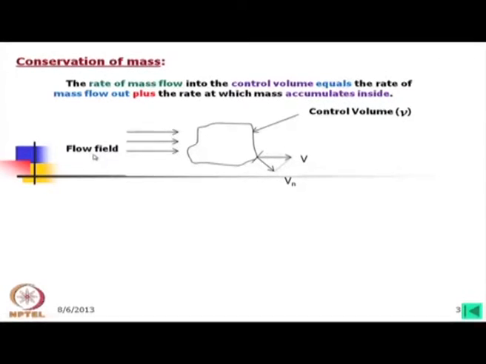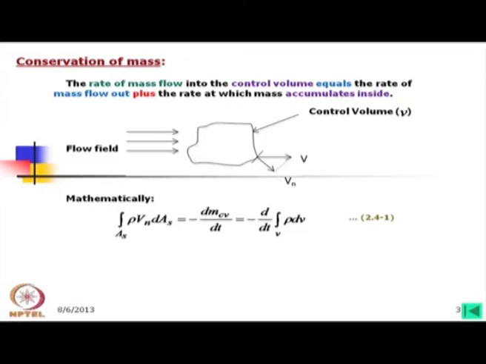Fluid is flowing inside this volume, and then we consider a velocity in normal direction at a point on the volume which is V n, and obviously which is having a straight component V.